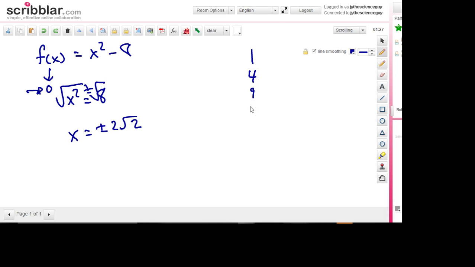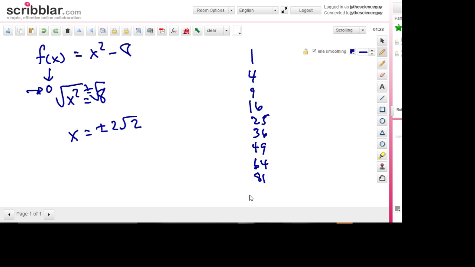4 squared is 16. Next one. 5 squared is 25. Next one. 6 squared is 36. 7 squared is 49. 8 squared is, 8 times 8, 8 squared is 64. 9 squared, is that 21 or something?